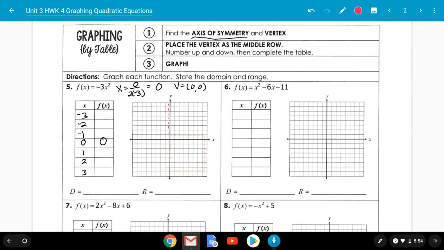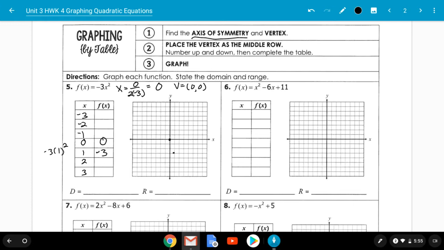So for example here, if I look, okay, so we got 0, 0. I'll probably do the positives here because it's just easier to work with positives. So for this one here, it's negative 3. So right here, I do negative 3 times 1 squared. Well, that just gives me negative 3. Okay. So my point is 1 comma negative 3.